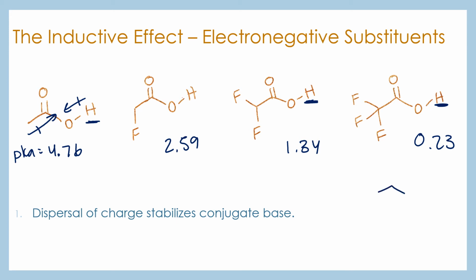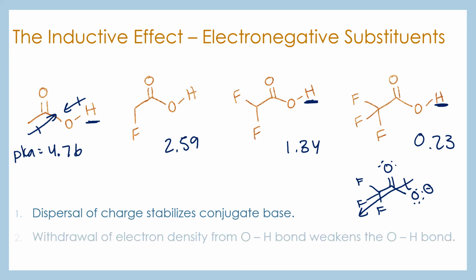So looking at trifluoroacetic acid, if we were to deprotonate it, we would end up with trifluoroacetate. And that negative charge is stabilized through resonance, but also through the pulling of electron density by the 3 fluorines. And another reason is that the withdrawal of electron density from the OH bond weakens the OH bond.